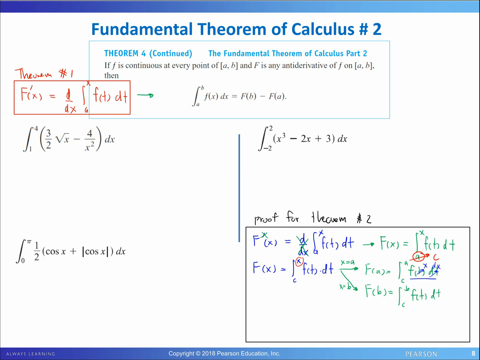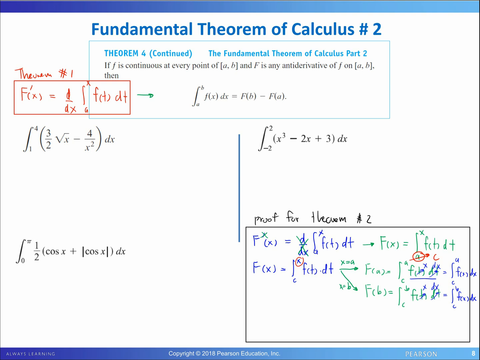Same thing here, f of t becomes f of x, and dt becomes dx. So in the end, you have this integration from c to a of f of x dx for the first one. And the second one, integration from c to b, f of x dx.